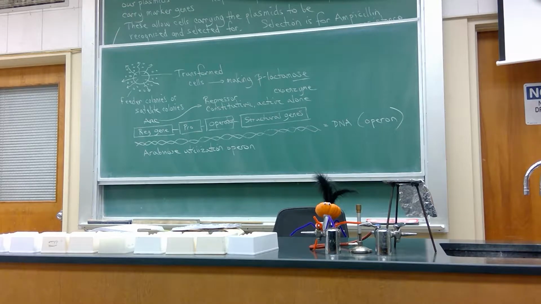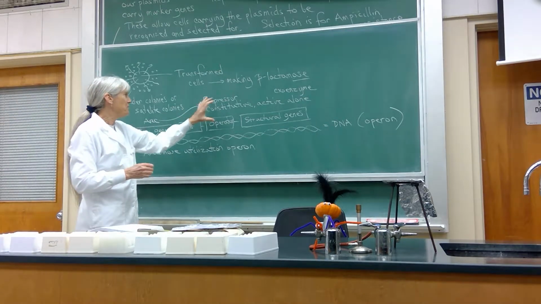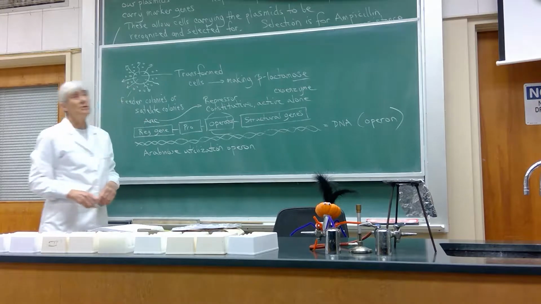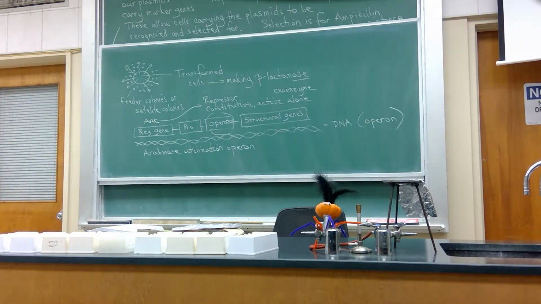Binds to the operator site and blocks transcription. And it's going to be there because it's always being produced, so that repressor protein is going to be sitting here, blocking transcription. So is this an inducible operon or a repressible operon? Inducible. It's one that's off, but can be turned on. So this is an inducible operon.